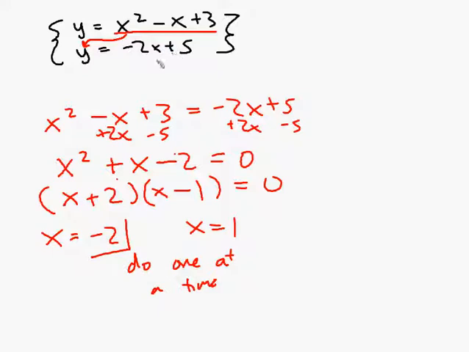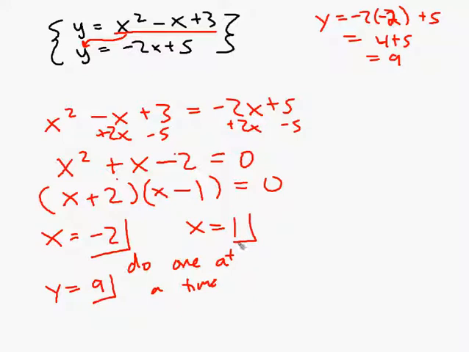Now, again, it's not going to matter which one of these I put it in, so I'm going to choose this linear one, this bottom one, just because it's easier, no squares or anything. So y equals negative 2 times negative 2 plus 5. That's a 2. So we get 4 plus 5, which is 9. Okay, so y equals 9 for that one.